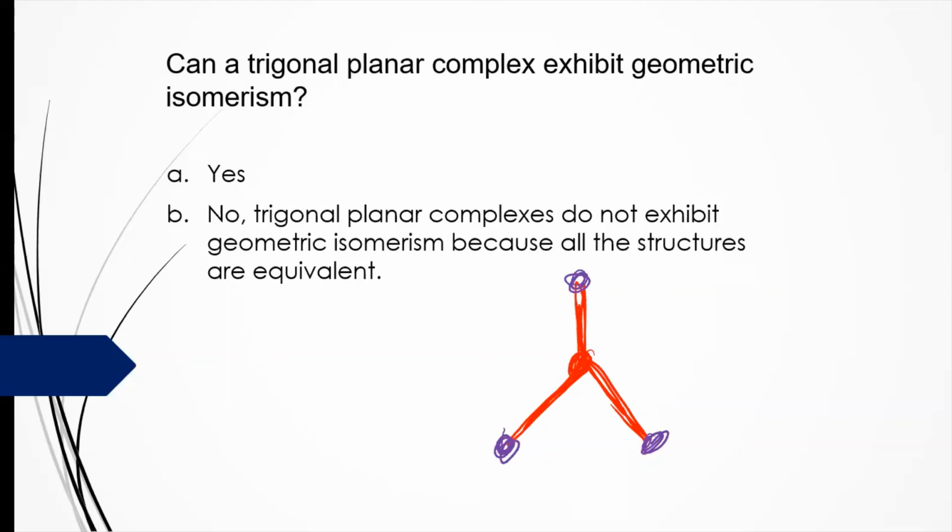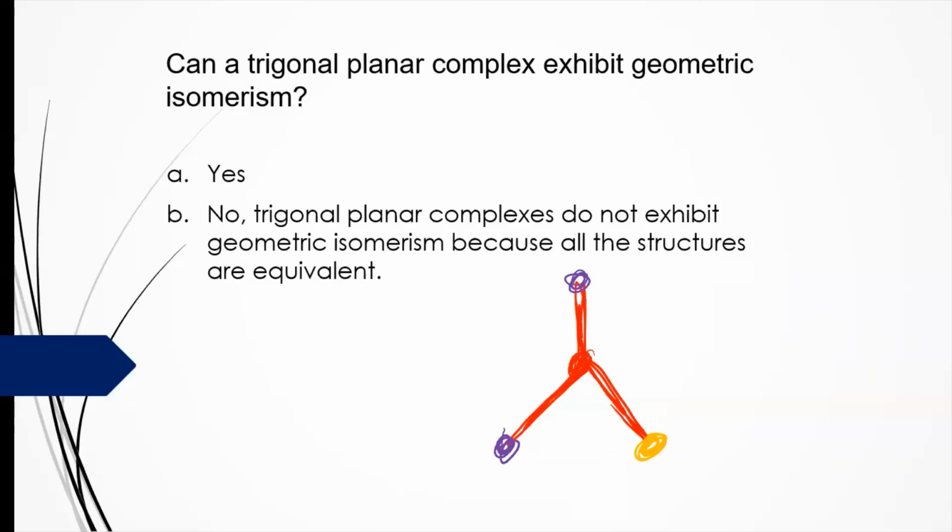It makes a triangle, they're all in the same plane. When we think about it, is there another arrangement that will give us something different? If we have two purples and one orange, we could have this arrangement.